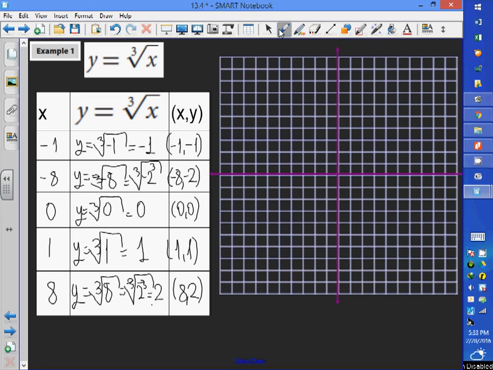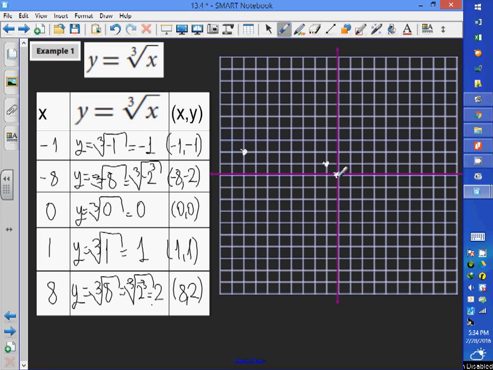So -1 and -1, which is over here, and -8 and -2, and 0 and 0, which is here, and 1 and 1.